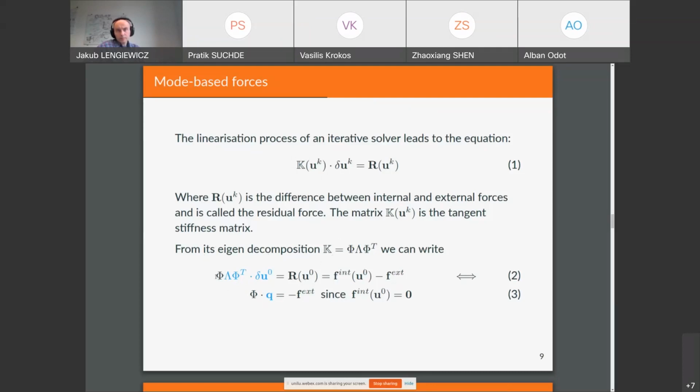So we consider the eigen decomposition. This in blue is a single vector, and we consider only the first few modes of the vector. And we'll see a bit later that we achieve very interesting deformation with only the first 3 to 5 modes of this Q vector.